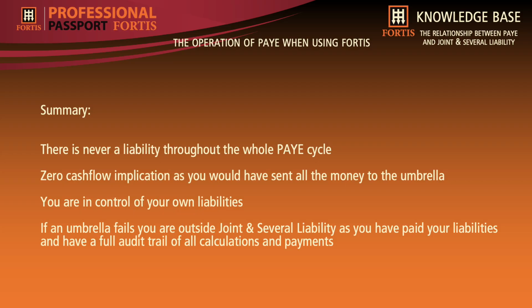Taking control of settling any PAYE liabilities directly with HMRC ensures that you have a verified audit trail and removes you from any risk of an umbrella failure and resulting liabilities. It protects you from actions of other parties using that umbrella that could cause the umbrella to fail. You're in full control of your part.